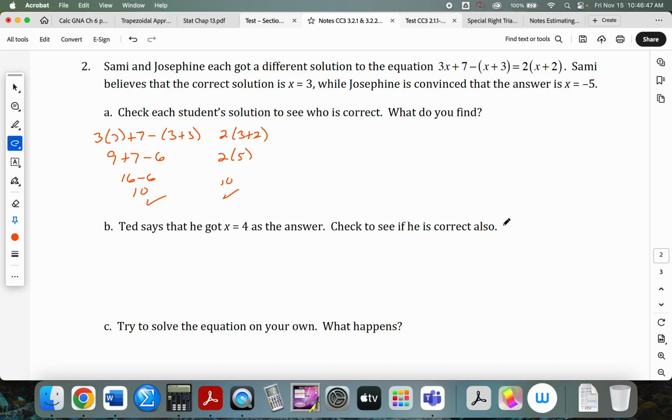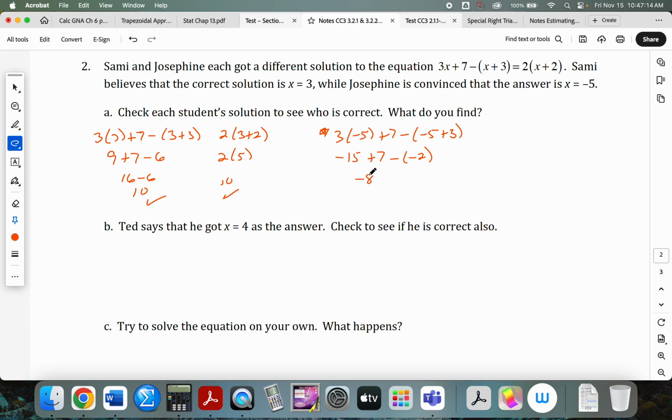But several of you got that Josephine was right. Well, let's check Josephine's answer. It was x is negative 5. So that's 3 times negative 5 plus 7 minus negative 5 plus 3. That's a little uglier. That's negative 15 plus 7 minus a negative 2.